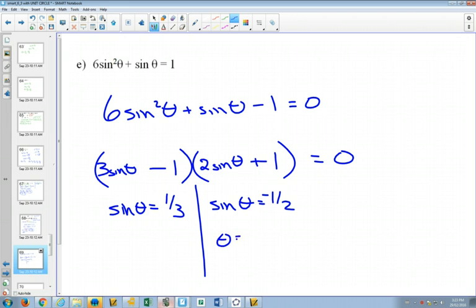Since it's negative, it's quadrant 3 and quadrant 4. But the other one, sine theta is 1/3, is not part of our unit circle. So then we're going to have to go to our calculator.